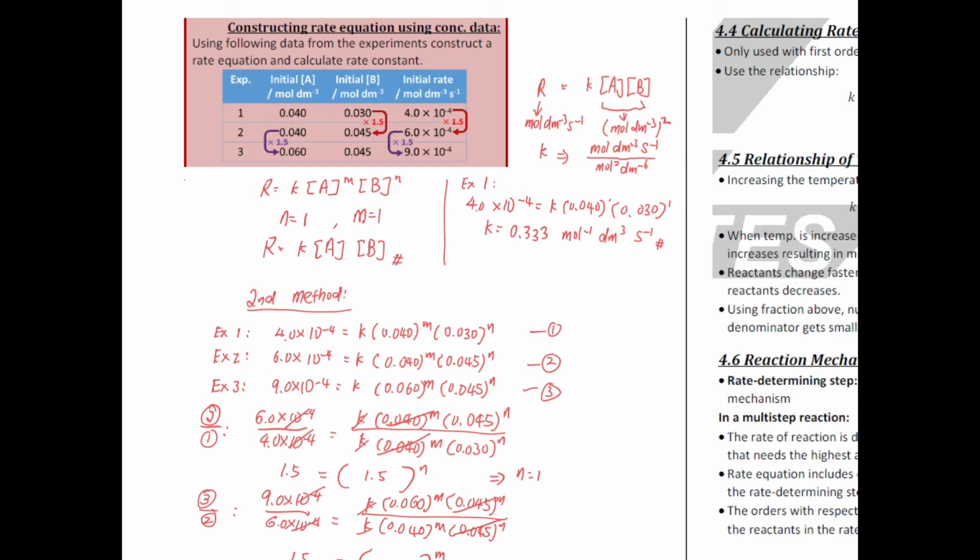So like what I told you, this is the first method. We can find the order from, this should be the second method already. Just now the first method that I said is you find the order from the graph. The second method here is where we find the order from experimental values.